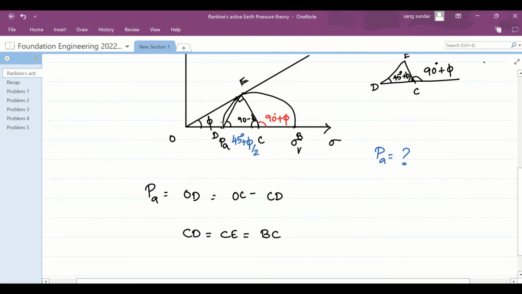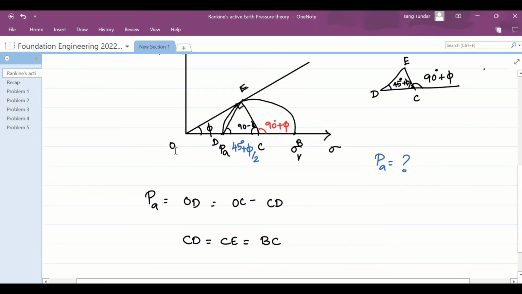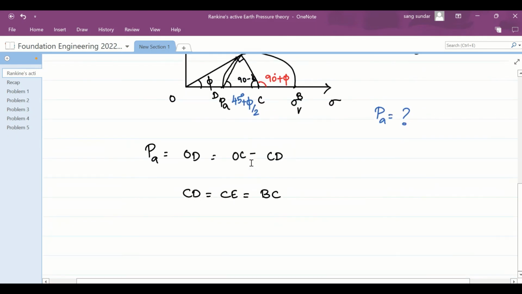Now, consider a right triangle OCE here. Our aim is to know how much is this radius, right?